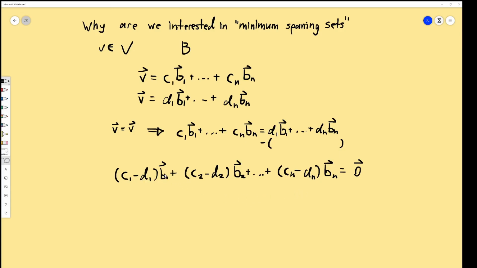Therefore, the only way that I can have this combination of vectors equal to 0 is if all of their scalars are equal to 0 themselves. And if each of these, C1 minus D1, C2 minus D2, generally Ci minus Di, is equal to 0, that implies that Ci equals Di. So all of these scalars are actually the same. Therefore, all representations of V using B are the same.